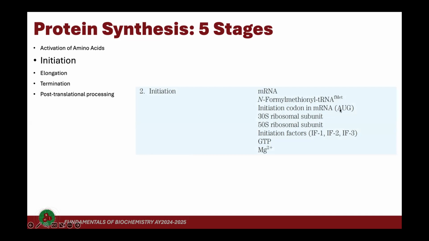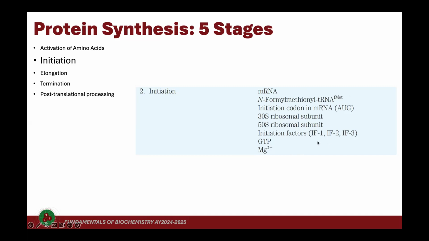For the initiation, of course, you need your ribosome. So you need the subunits of your ribosome. And this is for the prokaryotic ribosome. You need the mRNA transcript, of course, which has the initiation codon AUG. And you need the first tRNA molecule that has the methionine as the first amino acid.